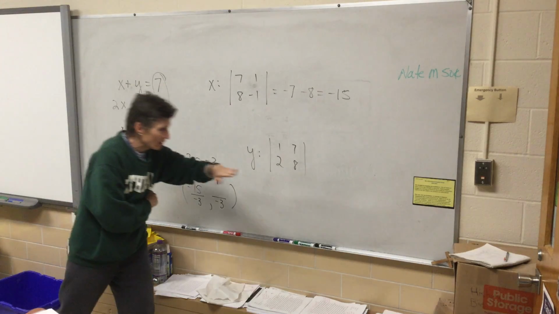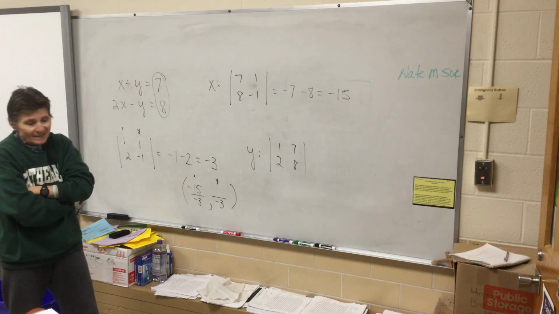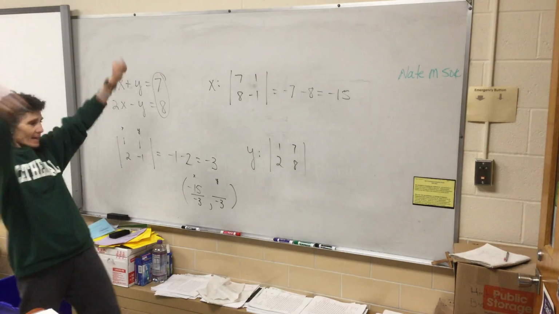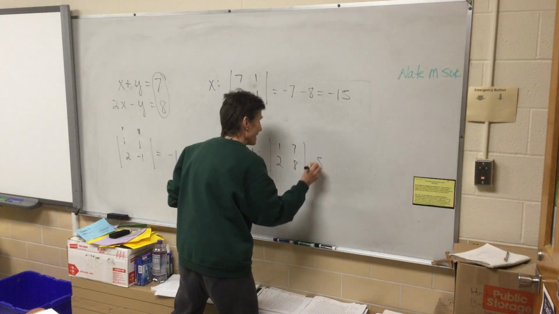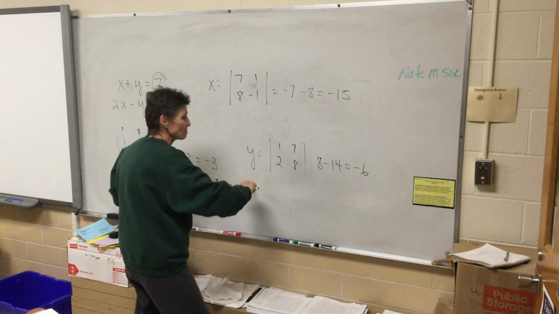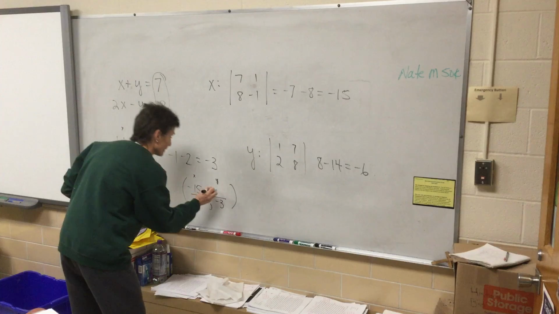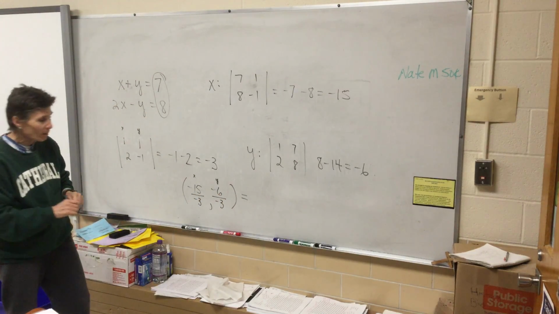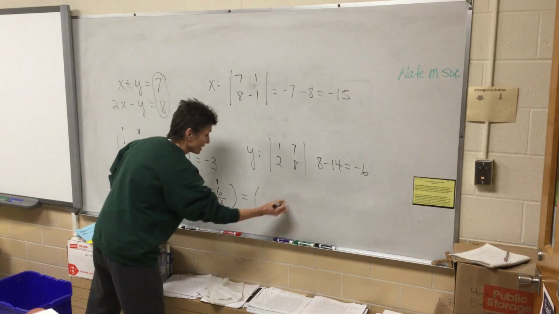All right, somebody else tell me, what's my y numerator determinant? Negative 6. Yes, we are awesome. 8 minus 14, negative 6. Downs minus ups. Now, always simplify if possible. This one does simplify.